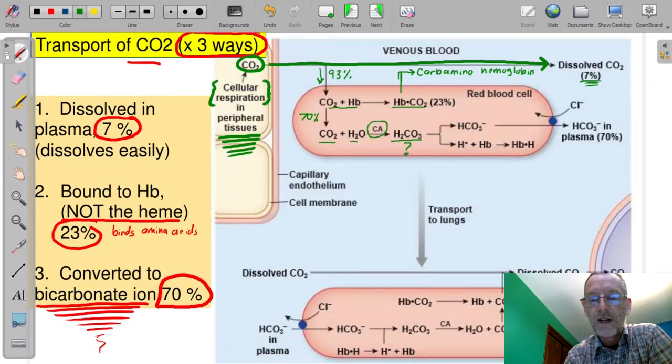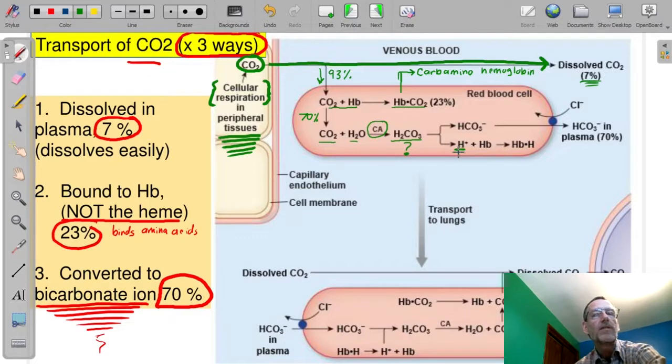You need to remember this reaction. So there's our carbonic acid. And the acid dissociates. A hydrogen comes off. There's the hydrogen. And that's going to cause the pH to drop, unless we bind it to a buffer.